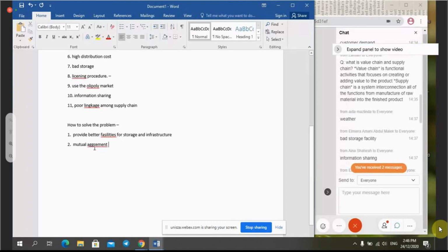Okay, rasanya kena ada mutual agreement kan? Kena ada mutual agreements between the retailer, the wholesaler and producer. Tak? Lagi apa lagi?